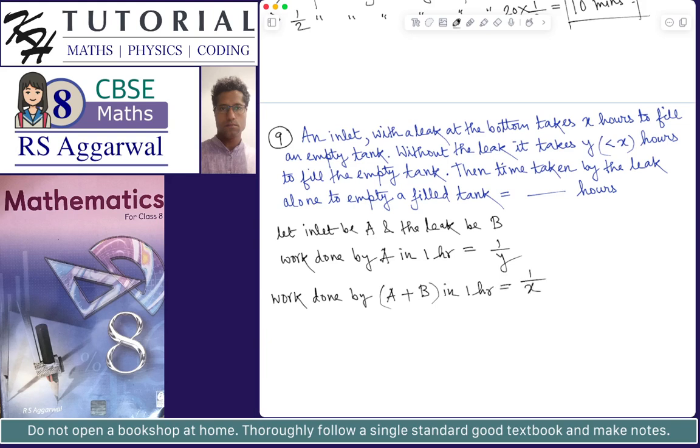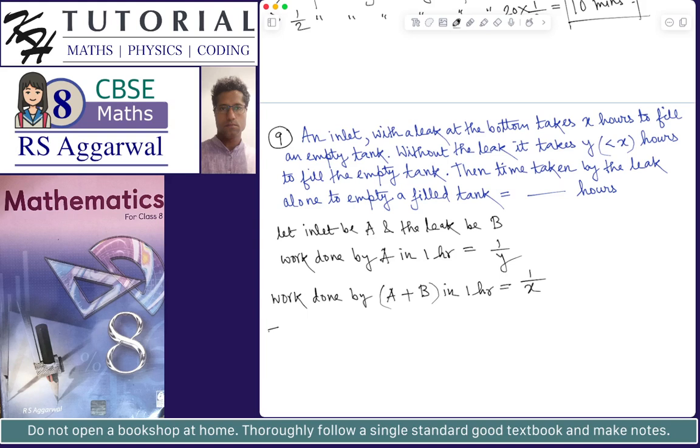That is, when the leak and the inlet are working together, A and B working together, the work done by A plus B in 1 hour will be 1 by x. Now 1 by x will be positive since it is filling the empty tank.